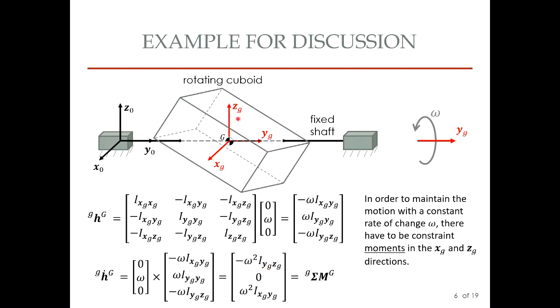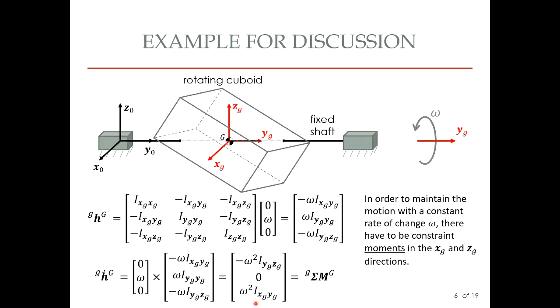Because the mass distribution in the YZ plane is not symmetrical with respect to this X direction, there will be some moment that has to be applied on the cuboid in the X direction to keep this motion, essentially without the cube detaching from the shaft and flying away.